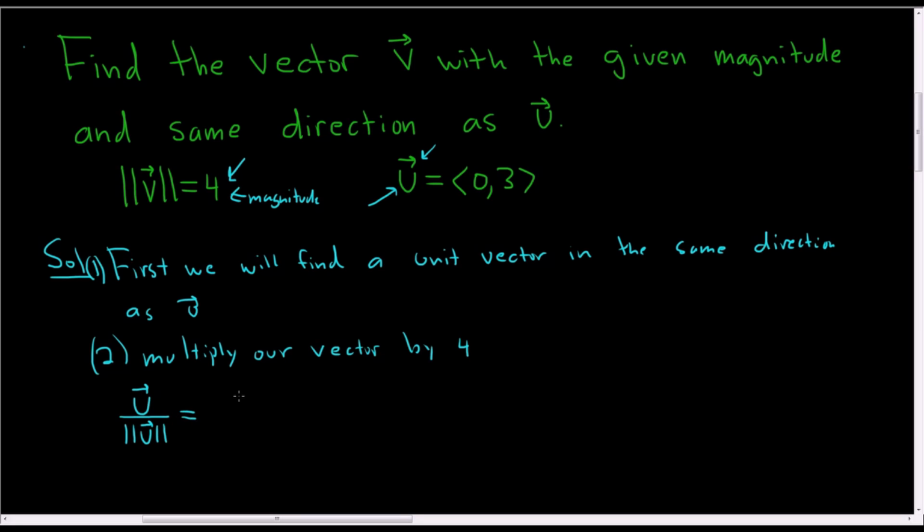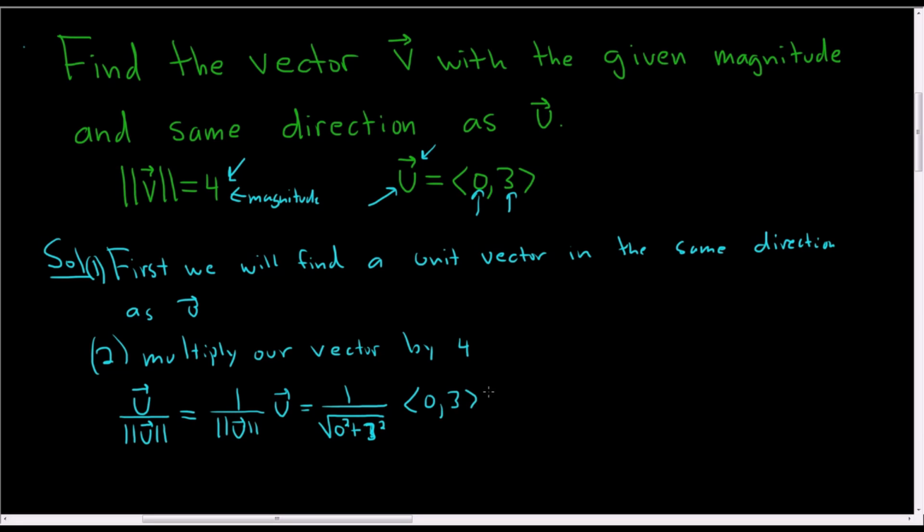So you can write this as 1 over the magnitude of u times u. So this is 1 over, now the magnitude of u is the square root of, and you just square this, so 0 squared. You add, and then you square the 3, so 3 squared. And then u is 0, 3.